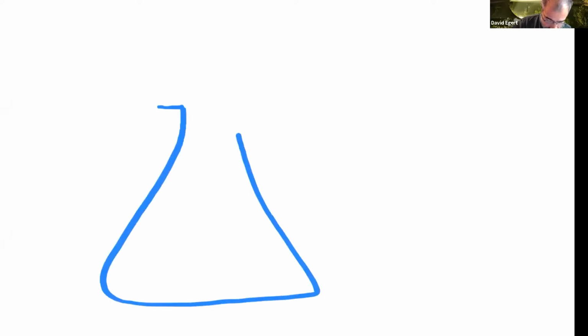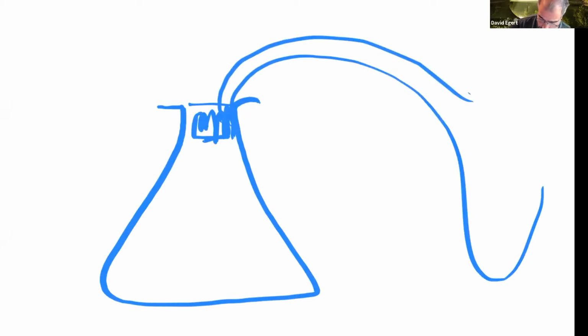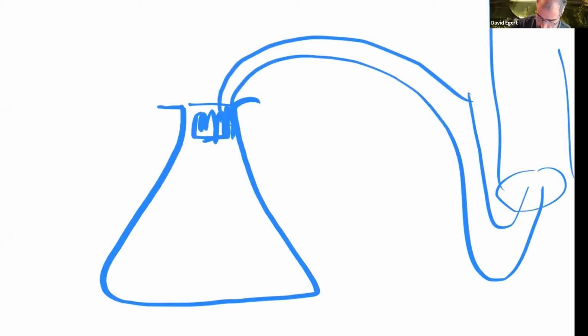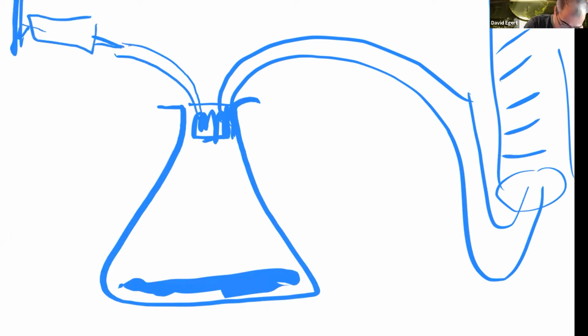Right, so think about this. You've got this little sealed flask here, with one thing going out into the tube, and some stuff in there. And on the other side, you had that syringe with 5 mils of H2O.